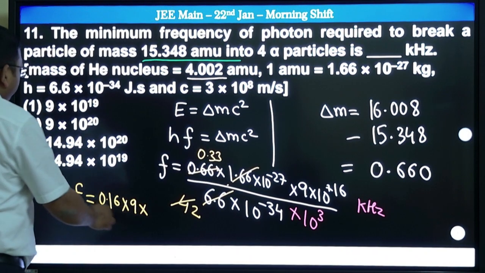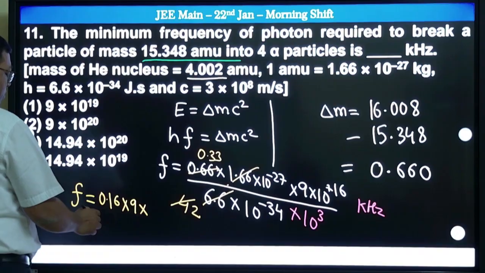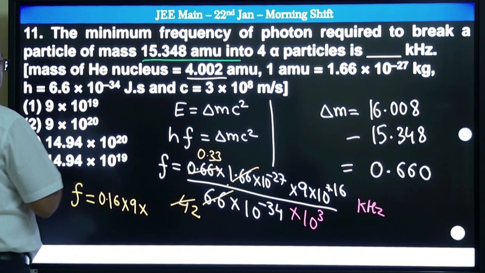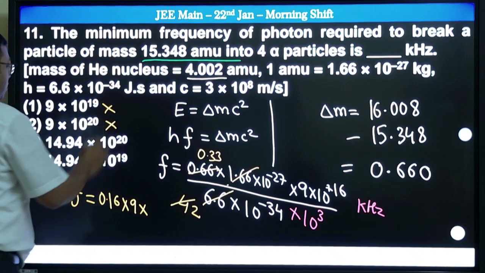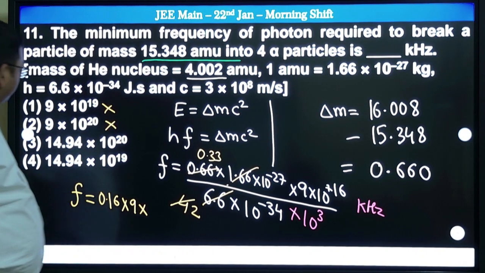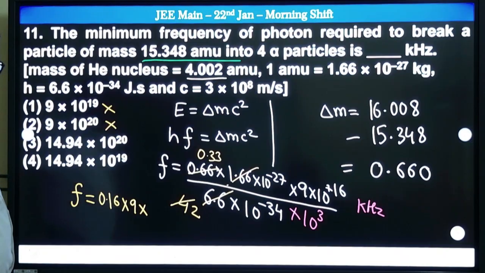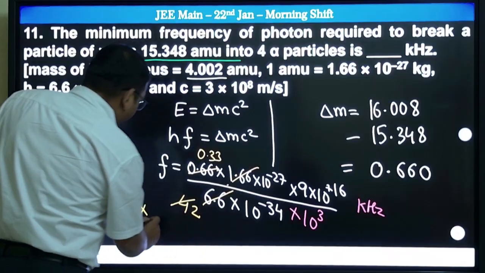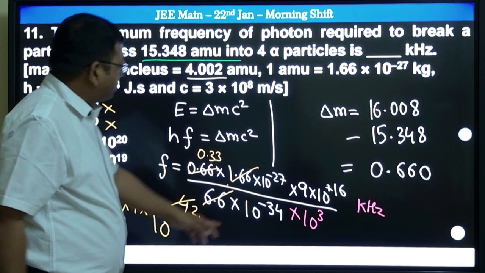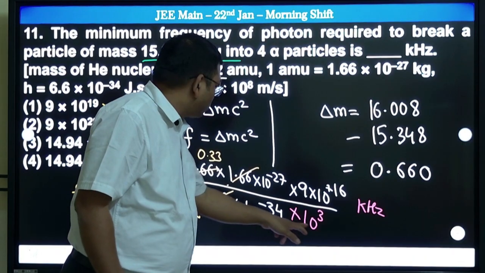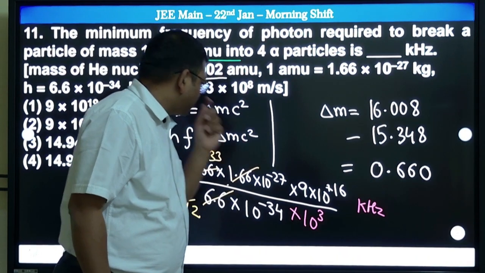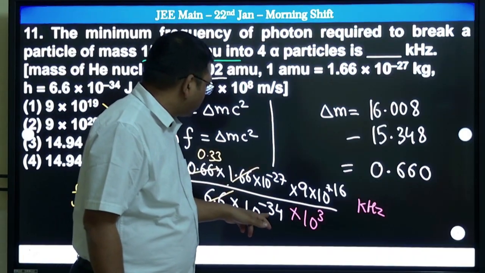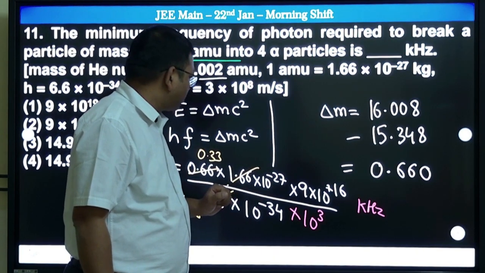Definitely 9 terms is not going to come. Now this term will come, but powers you check, but 14 factor is what they have given. Okay, so what about these powers? Powers you calculate. So this is minus 34, minus 31, minus 31 and minus 27.